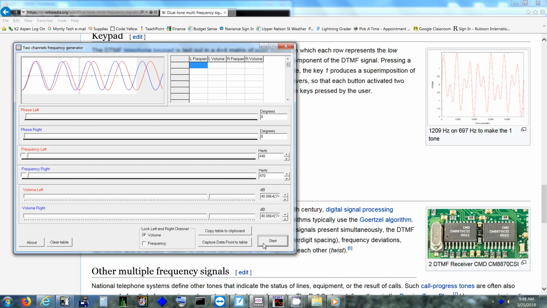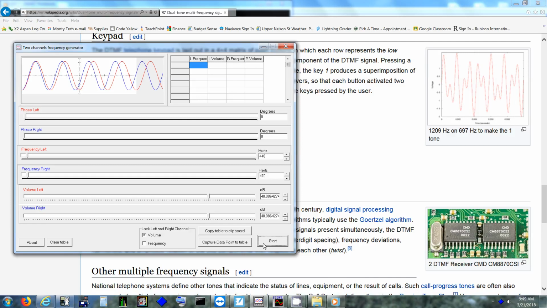So what I can do is if I call my voicemail, it'll say press 4 to enter your personal options, where I can change my greeting and all that stuff. Well, instead of pressing the button on my phone, I'm going to generate the frequency for it. And as long as I'm close enough, but I can be exact using this program, my phone will think I pressed the button and it'll go into the menu options.